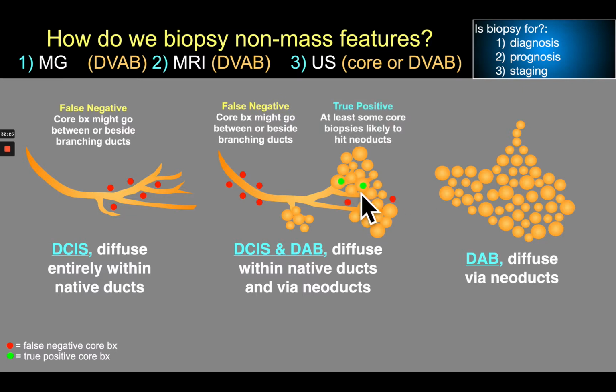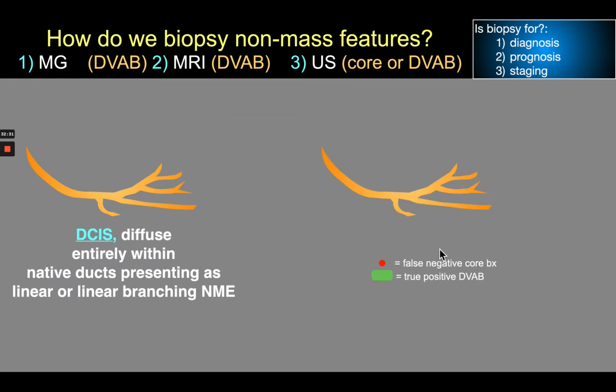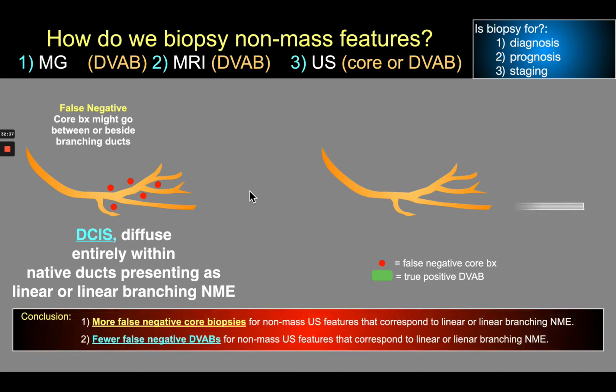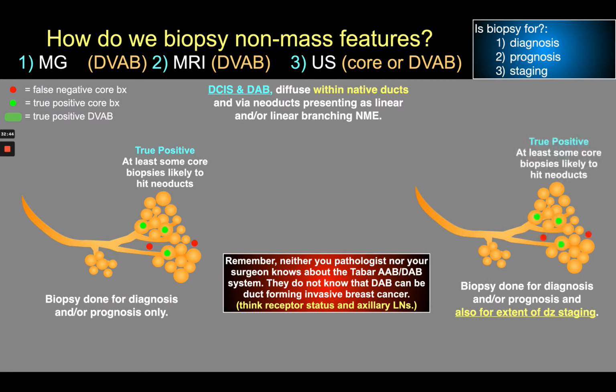At least some of your cores are going to bring up a positive study. So basically, I think that a combination of vacuum biopsy for the more centrally located thing where you might be shooting between the enlarged native ducts, and core biopsy for the more peripherally located neoducts might be the best combination for documenting the true extent of the disease on second look mapping ultrasound biopsies.